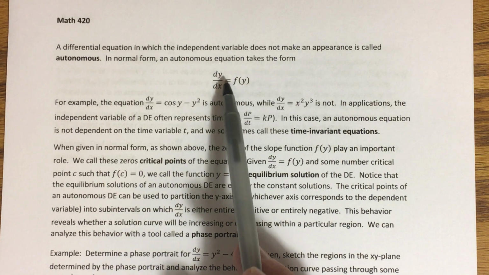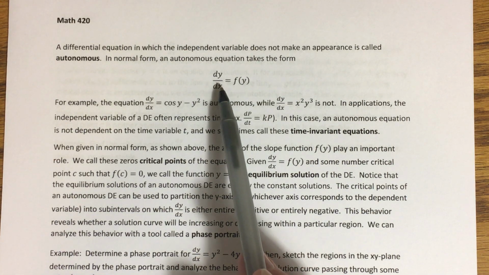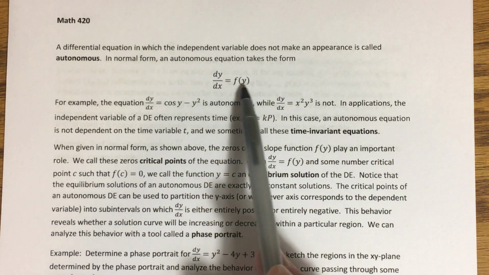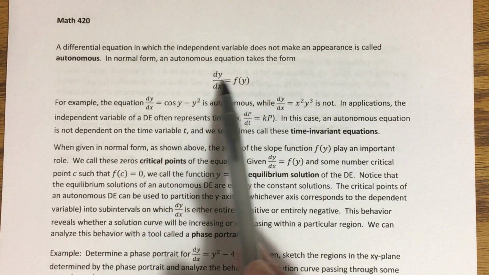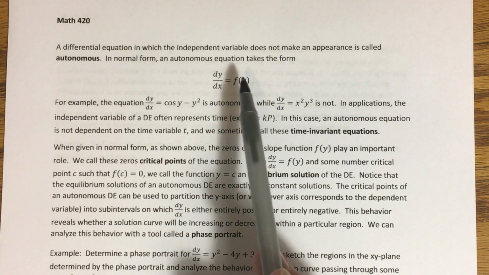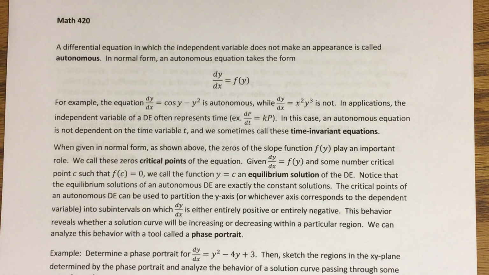So for example here, the dy dx indicates that y is a function of x, but in this differential equation, the independent variable x is not showing up anywhere. I'm not seeing any x's in the actual DE itself. I'm only seeing y's showing up. That's what makes a differential equation autonomous.